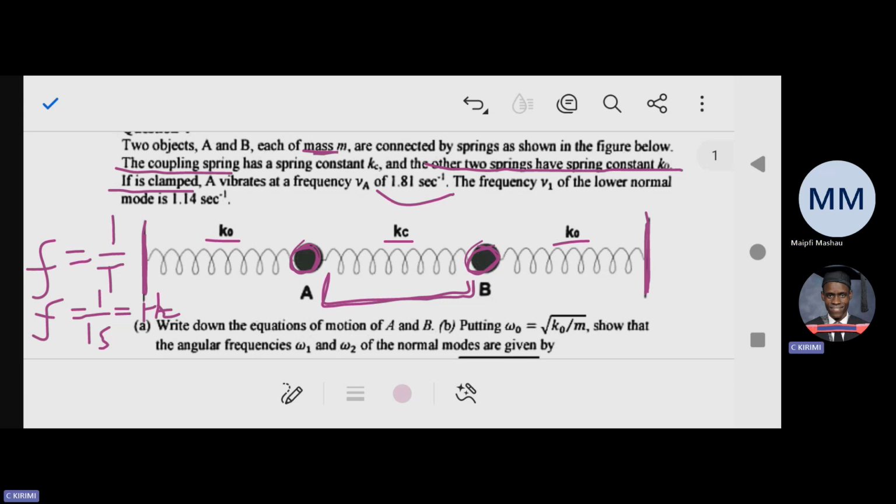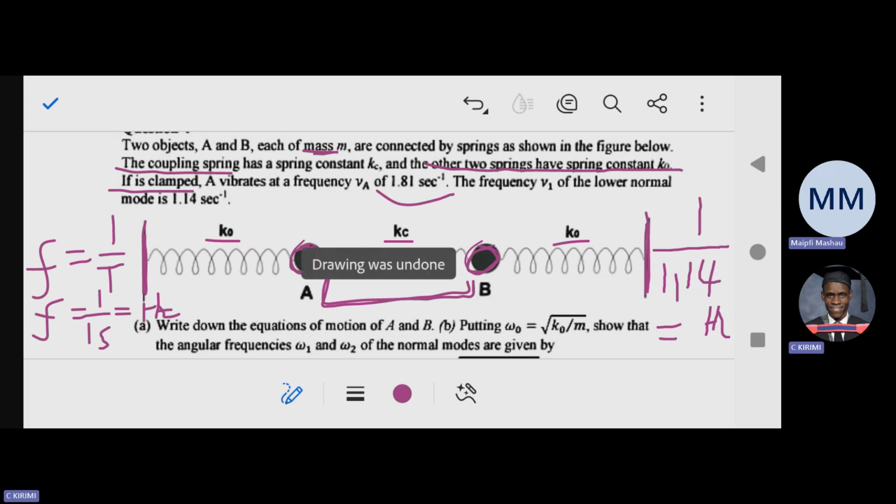If you want to convert to hertz, 1.14 per second is not the same as 1.14 hertz. If you want it to be hertz, it will be 1 divided by 1.14. Then your answer will be in hertz. That's how you do it. Okay. Yes.